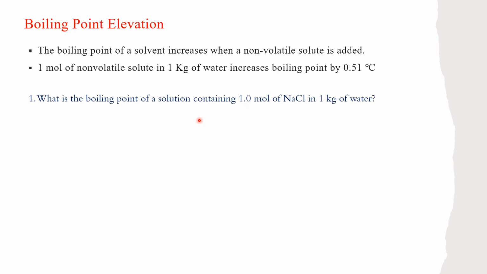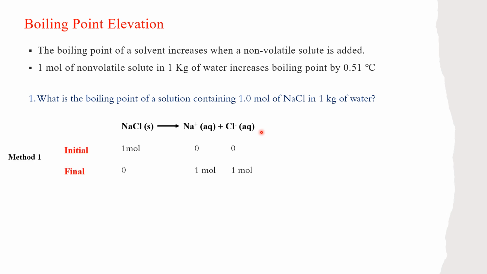What is the boiling point of a solution containing 1.0 mole of sodium chloride in 1 kilogram of water? Here I would like to explain two different ways we can calculate the new boiling point of the solution after we dissolve 1 mole of NaCl. Method 1.